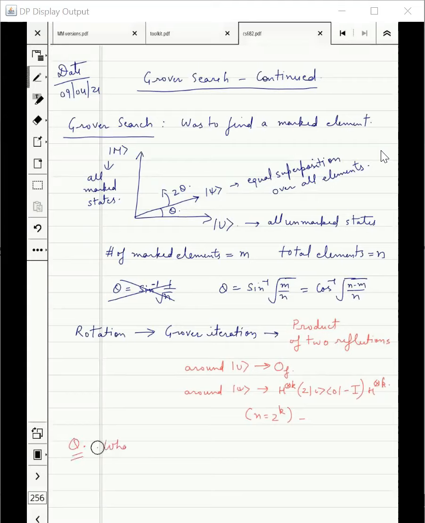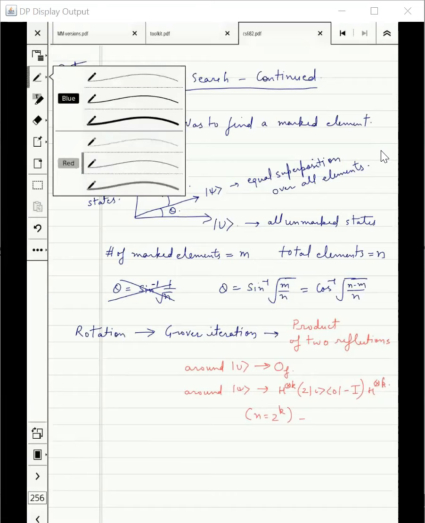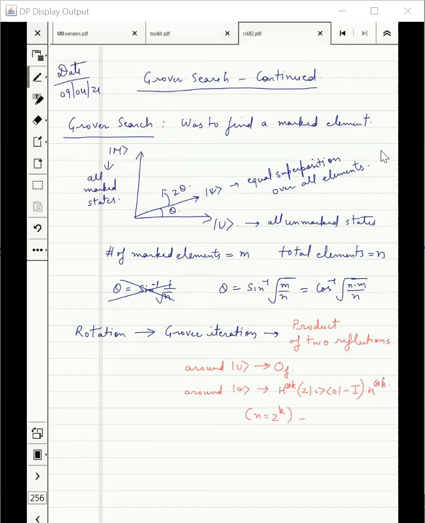What is the difference between two unitary operators, u and minus u, in terms of implementing it on a quantum computer, right? U is a unitary. First thing, if u is a unitary, is minus u a unitary? Yes. How can you prove it?